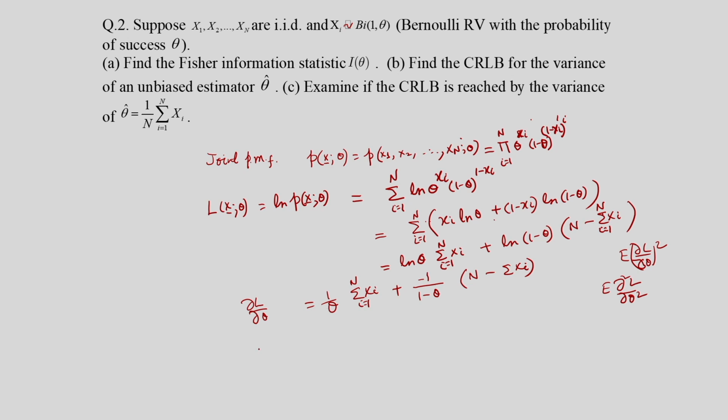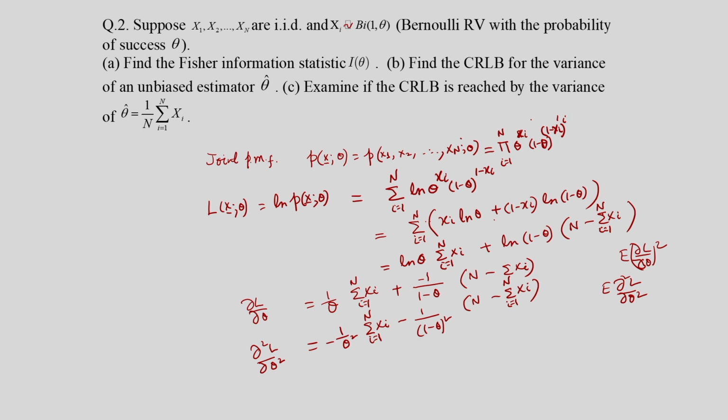So, carrying out the second order partial derivative, del 2 L del theta square will be equal to minus 1 by theta square into summation xi, i going from 1 to n, and then minus minus will be plus, again minus will come. So, that way it will be minus 1 by 1 minus theta whole square into n minus summation xi, i going from 1 to n.